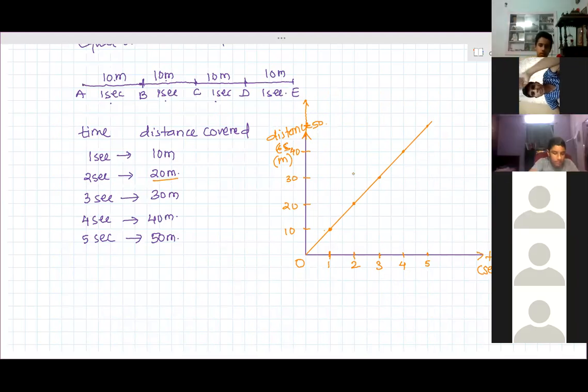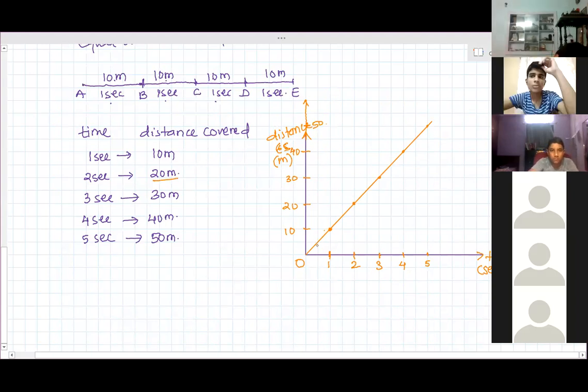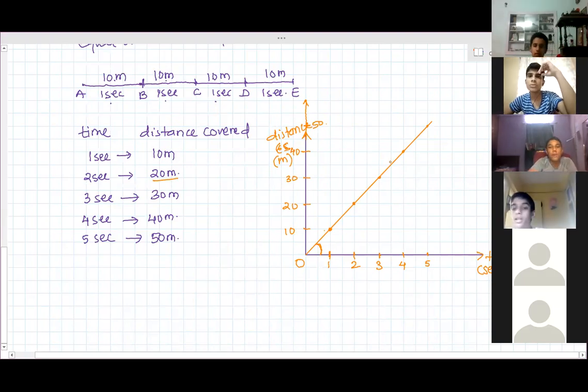Yes, ma'am. So whenever we get an exactly straight line which is inclined to the x-axis, that means the object is moving with uniform motion. Clear?